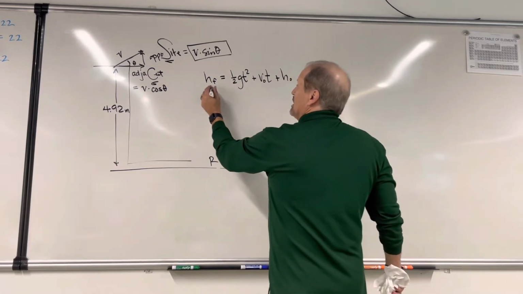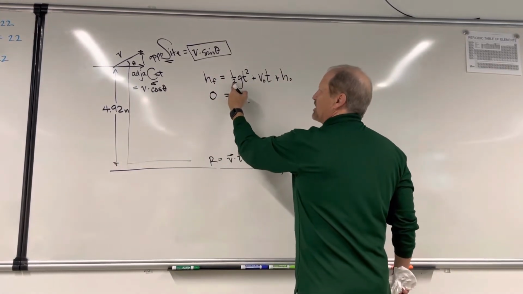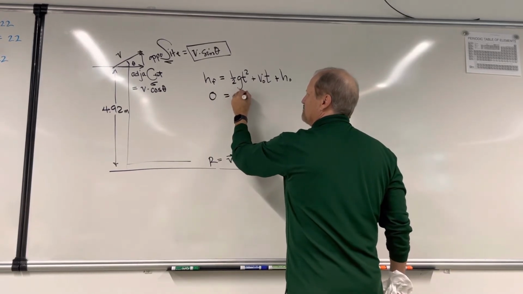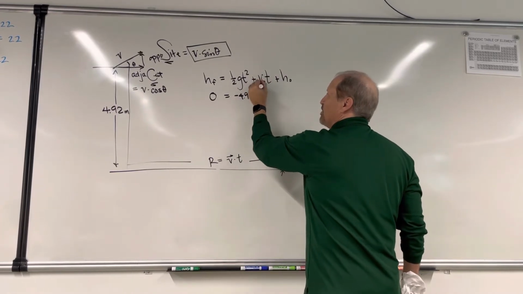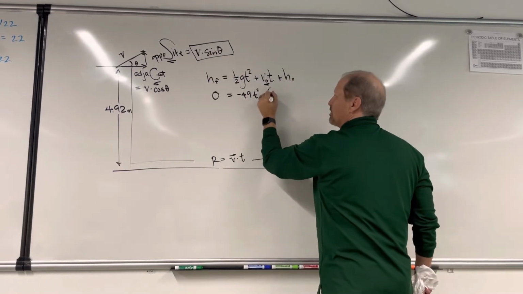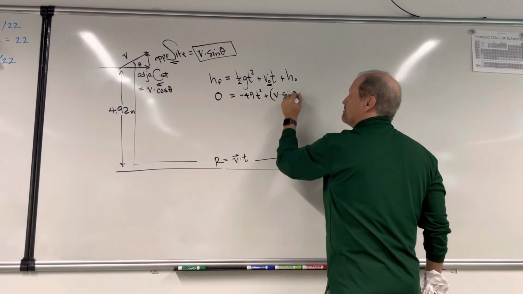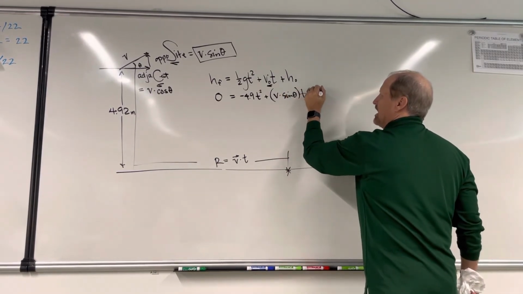Anyway, our height final is 0, and what's nice is this puts this in quadratic form. Half of g is negative 4.9 t squared plus v initial. What's our v initial? v times sine theta. So we're going to put v times sine theta t, plus height initial.